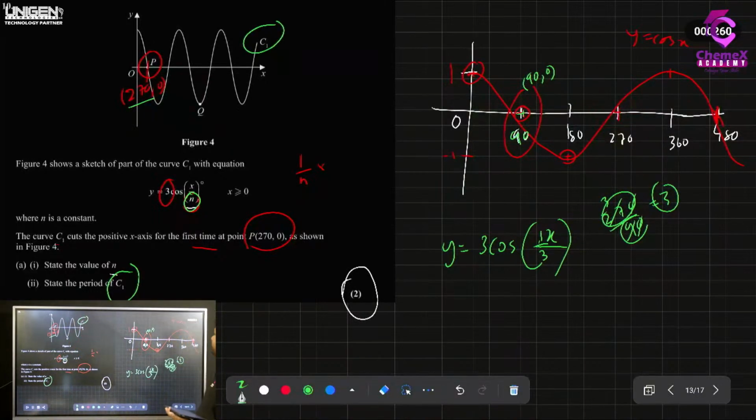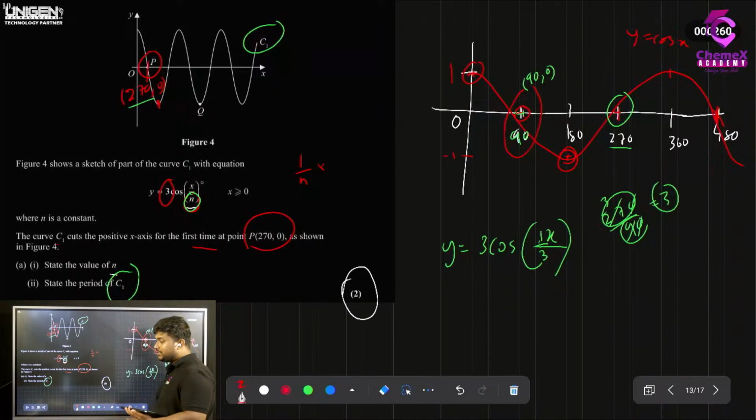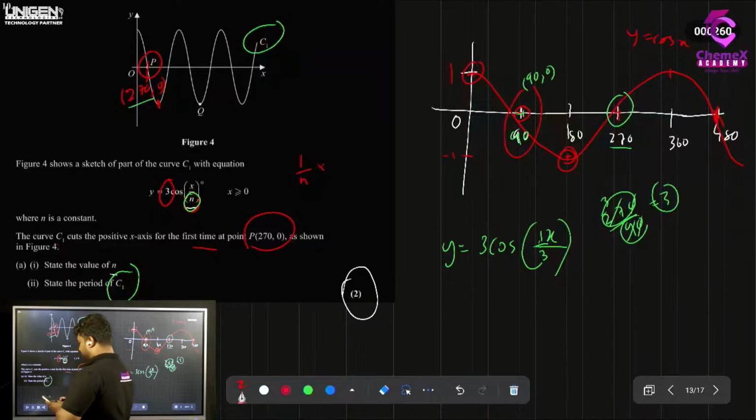So how do you find C1? First, the first attempt, P was here. Usually the first point is at 180, so what is 180 into 3? 540.